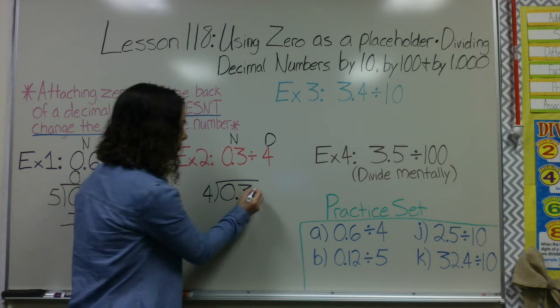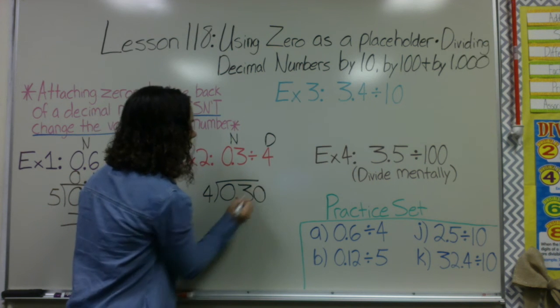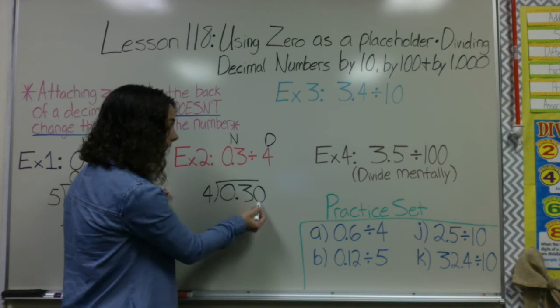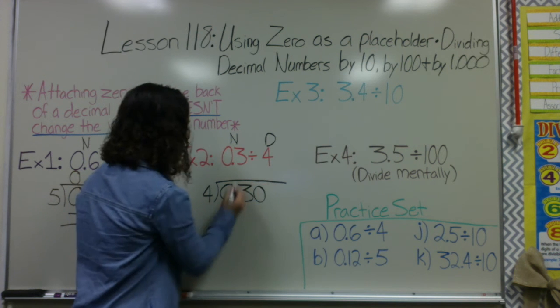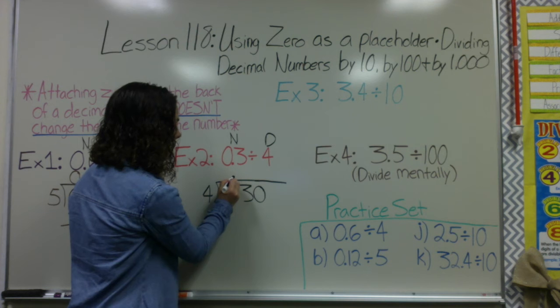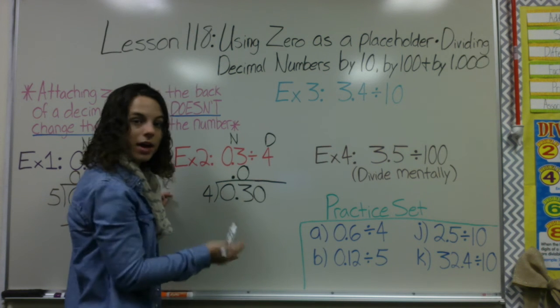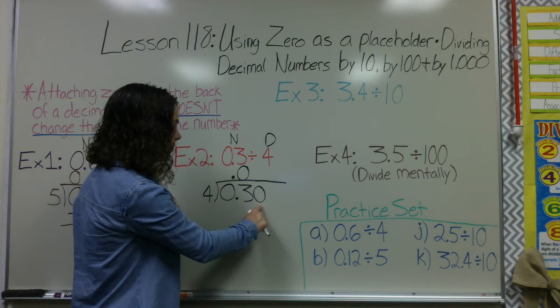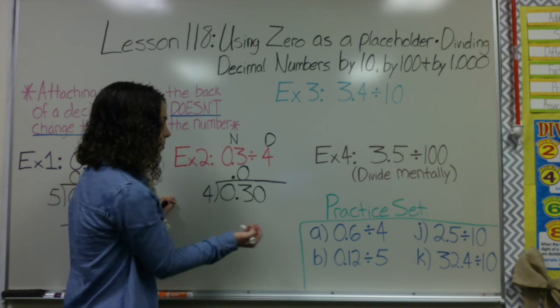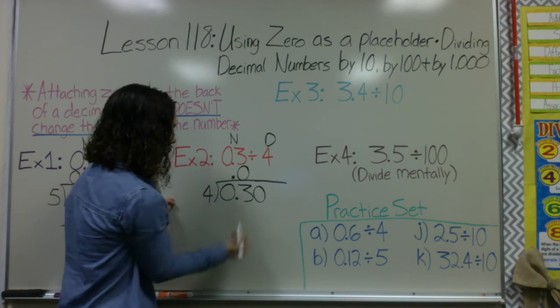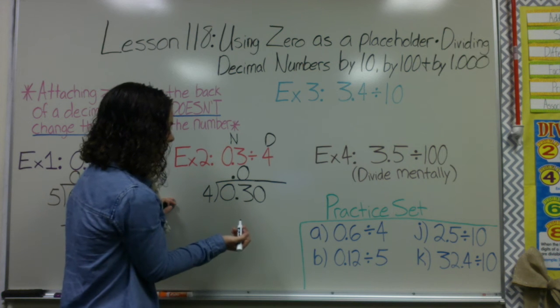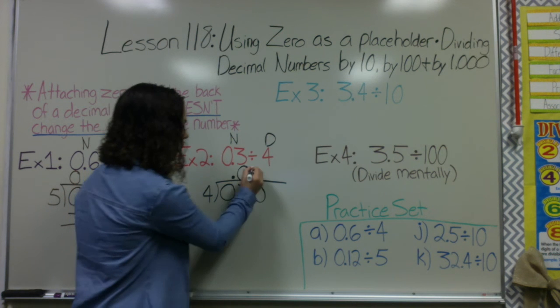So I do need to attach a 0 at the end. 4 can go into 30. I'm going to put my decimal point straight up, and I'm also going to put a 0 since I'm starting with 30 after my decimal point. It goes into 30, let's see, 7 times.